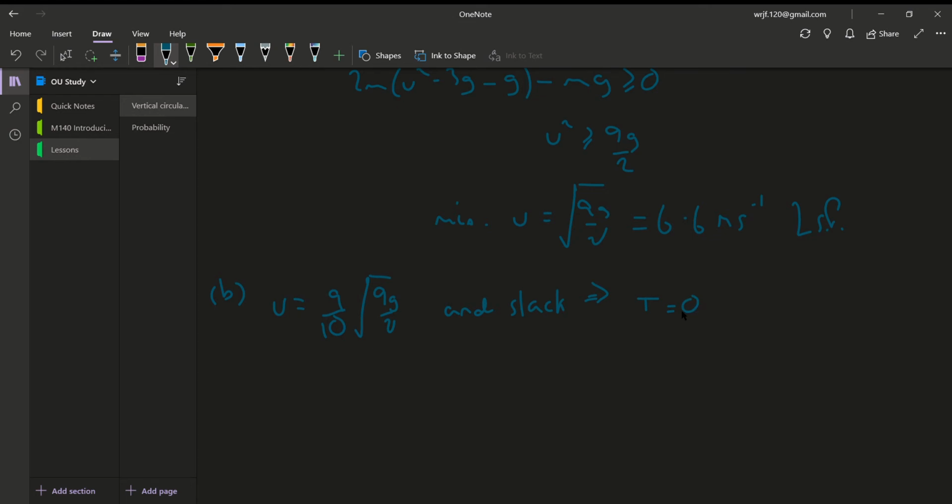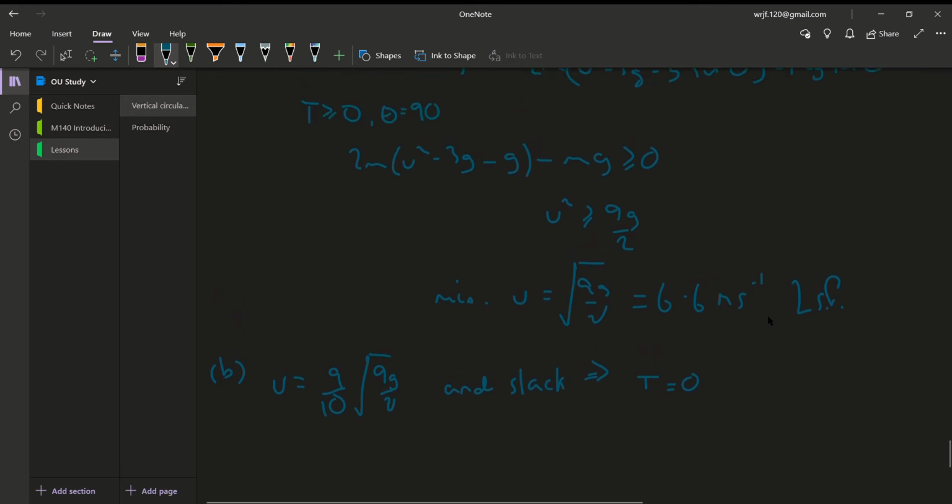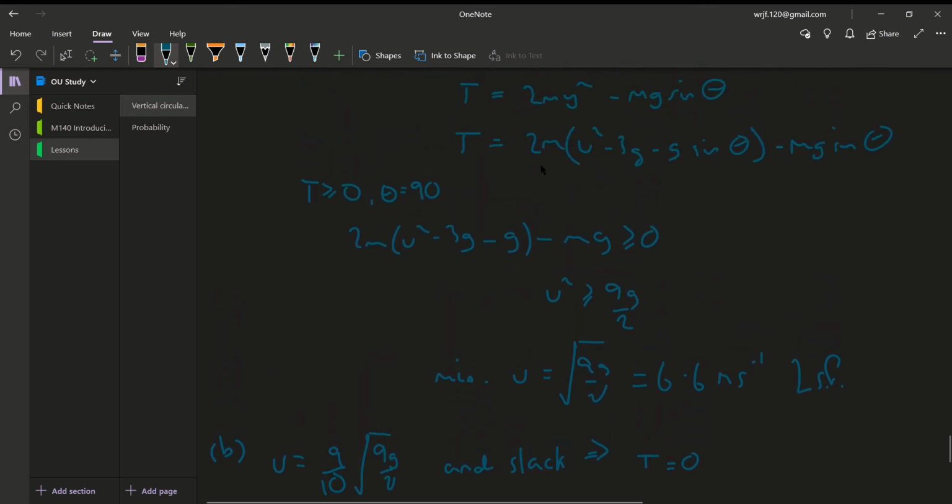So we can set that expression equal to 0 and substitute this u into it, and hopefully that will leave us with theta as the only unknown. I'm taking the right hand side of that t expression.